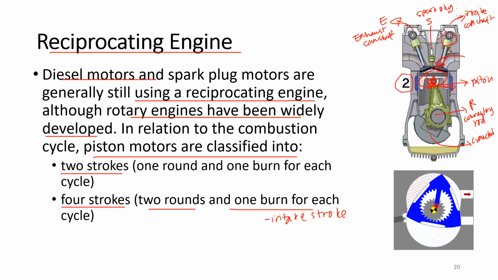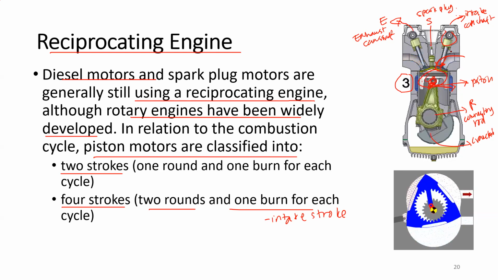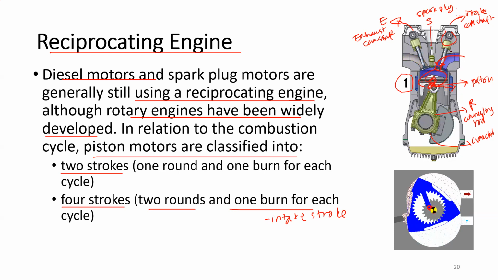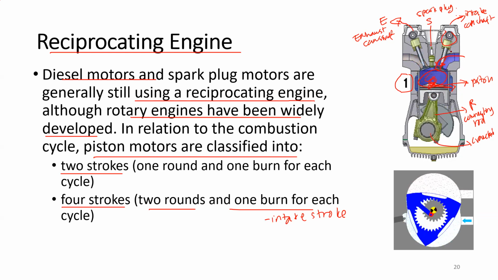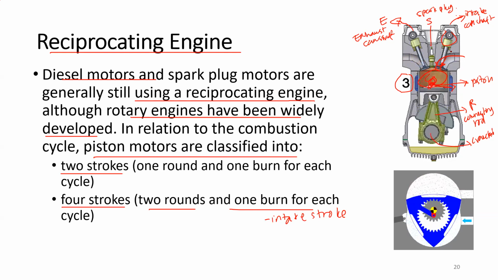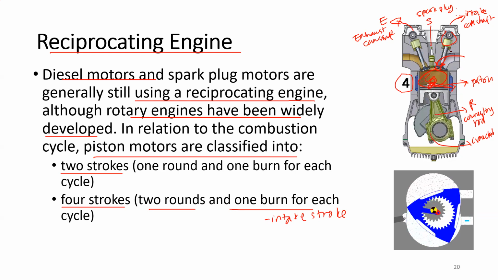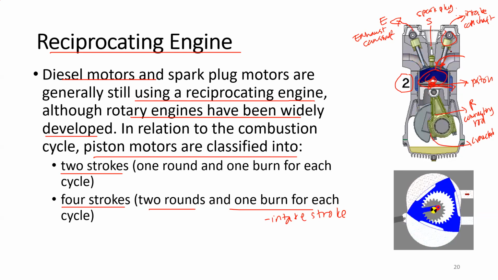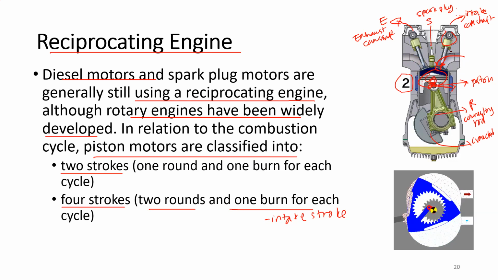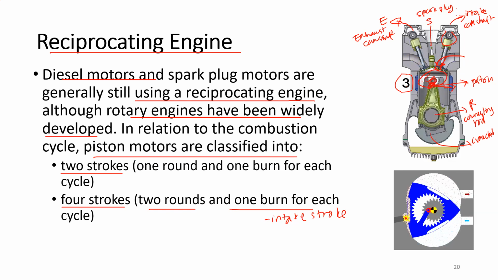Once the intake valve is closed and the piston moves upward in the cylinder, it starts compressing the air and fuel mixture. We can also see the crankshaft rotates 180 degrees, while the camshaft rotates as well. And the third step, 1, 2, 3, is the power stroke.